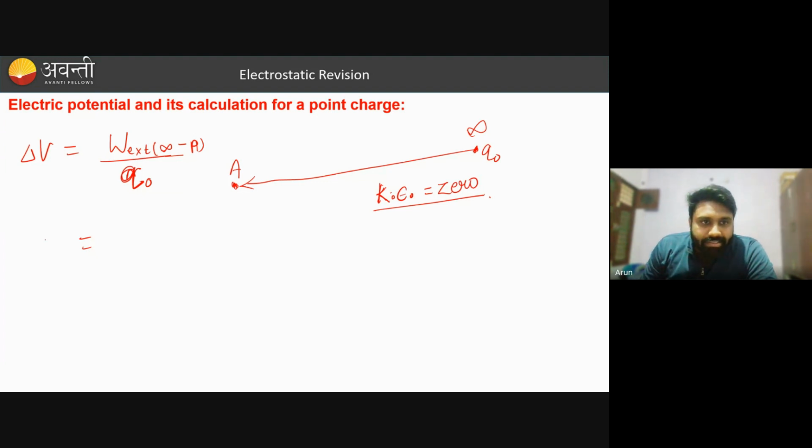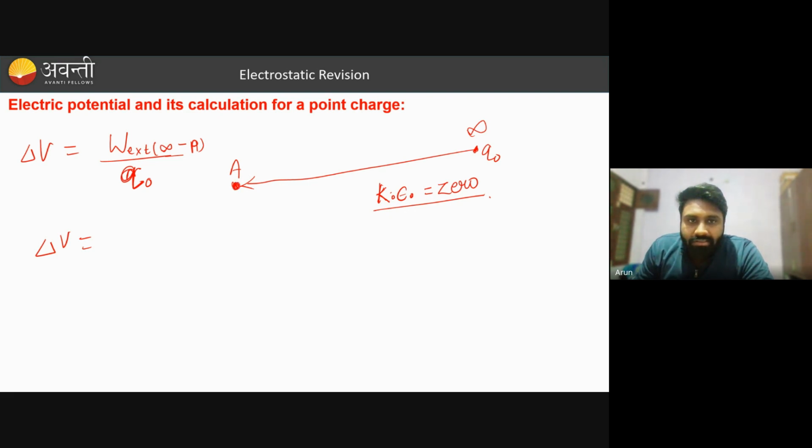So here delta V is equal to the work done by external force, and here we are applying external force, but against which? Against the electric field force.